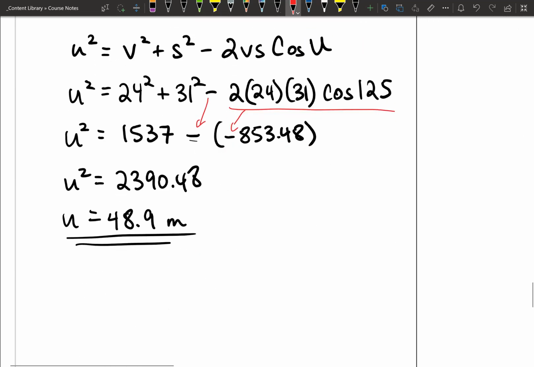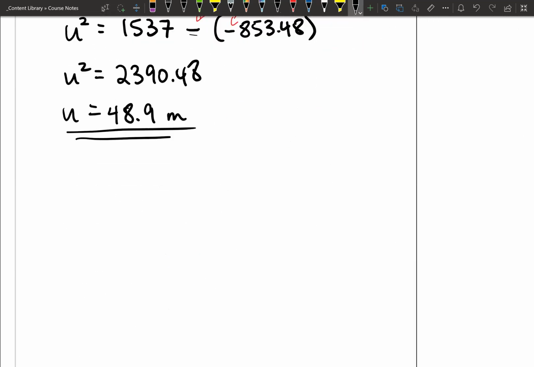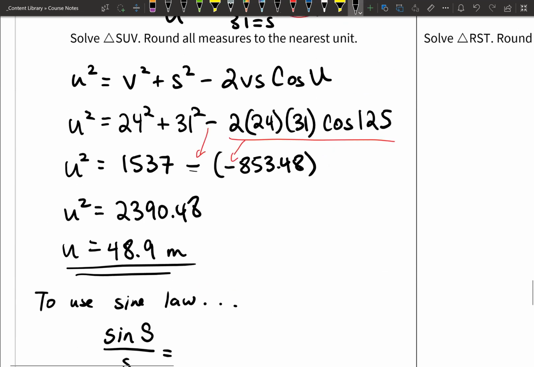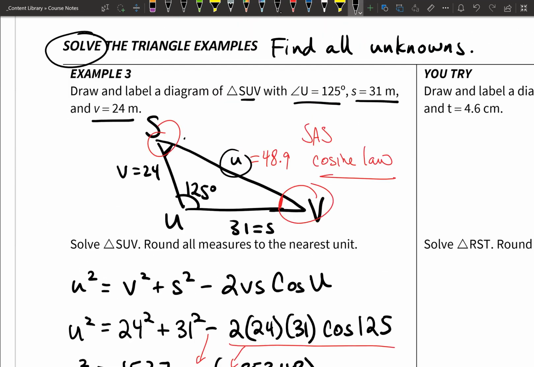Now, once you do the cosine law once, you have enough information in the triangle to use sine law to finish it. You don't need to use cosine law again. You can use sine law, where I have a sine instead of cosine, sine of angle S over side S equals, right? So angle S, that's the question.